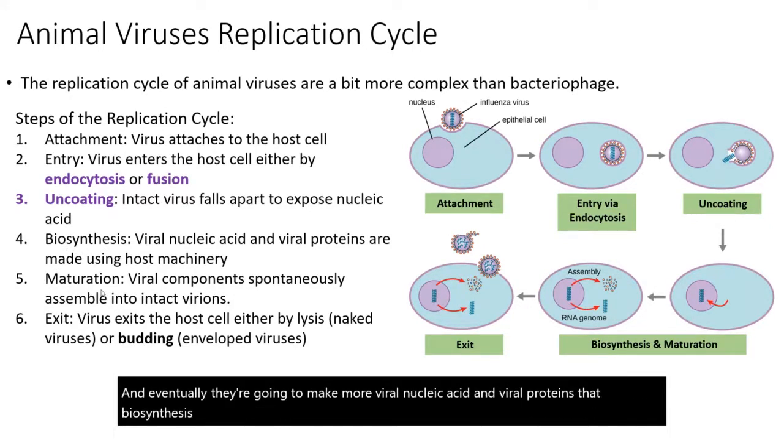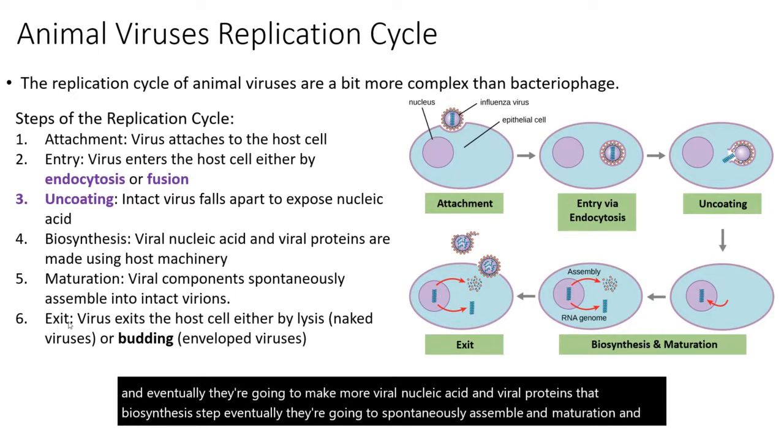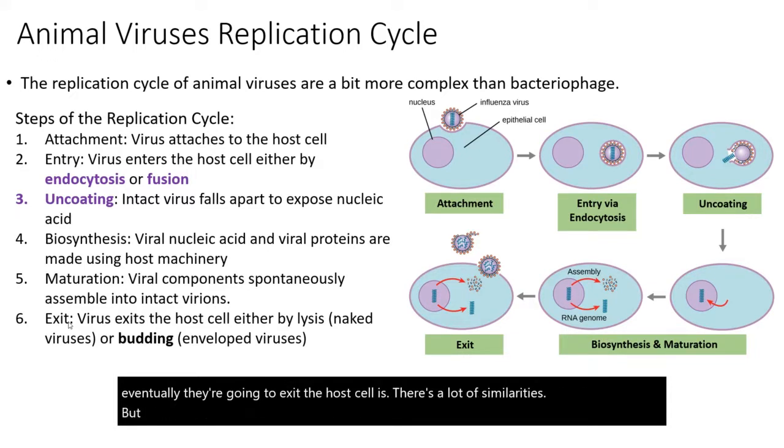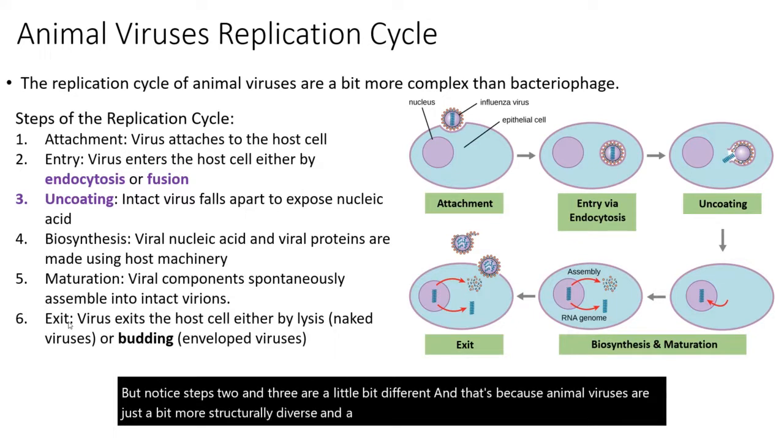Eventually they're going to spontaneously assemble in maturation, and eventually they're going to exit the host cell. So there's a lot of similarities here. But notice steps 2 and 3 are a little bit different. That's because animal viruses are just a bit more structurally diverse and a little bit more complex.